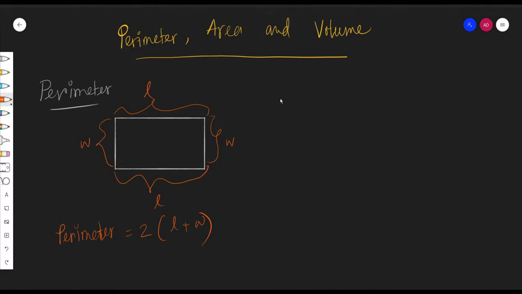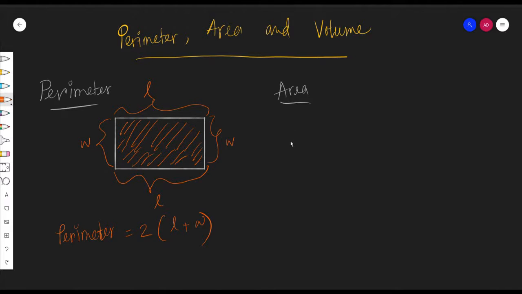Now if I come to discuss the area of this shape, where opposite lengths are the same and opposite widths are the same, the area will be this whole part covering the inside.